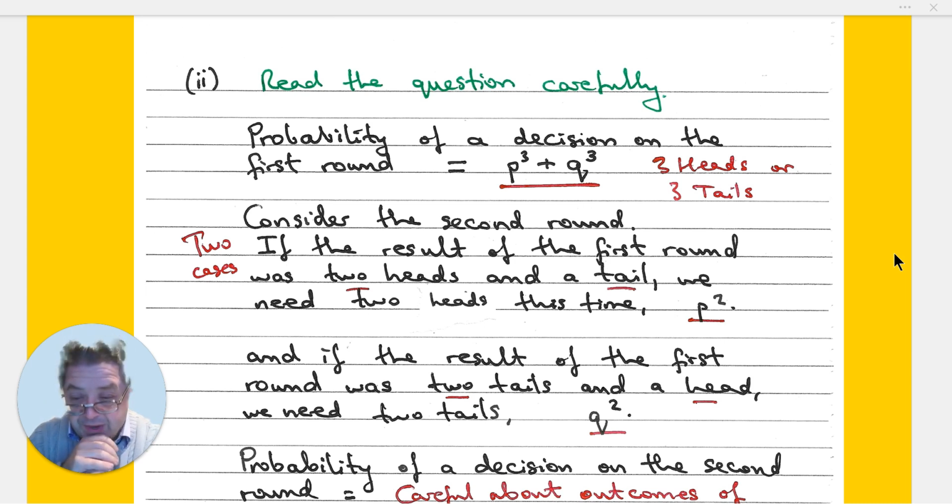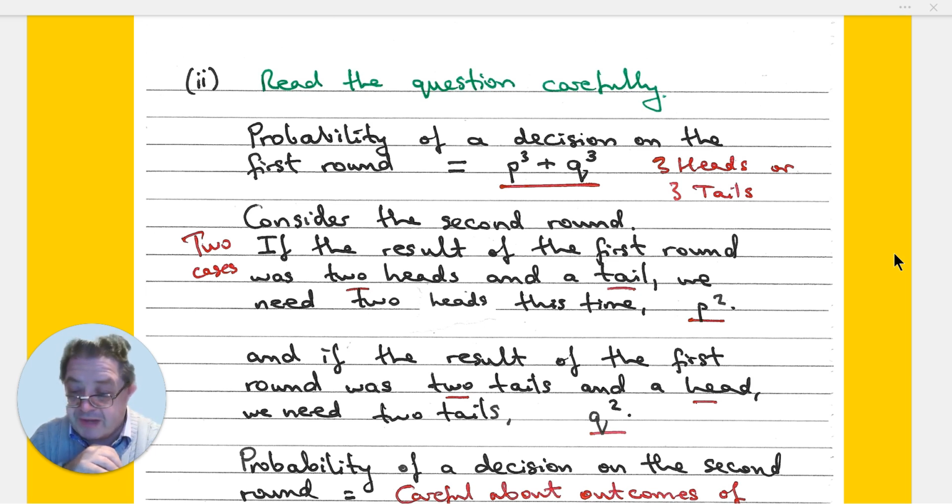And they either got 2 heads and a tail, or 2 tails and a head in the first round. So case 1, if they got in the first round 2 heads and a tail, the tail turns over to make a head, and the 2 heads toss again. And they need to get heads, so there are 3 heads, and then they will go off to the hotel, and the probability of that is p squared.